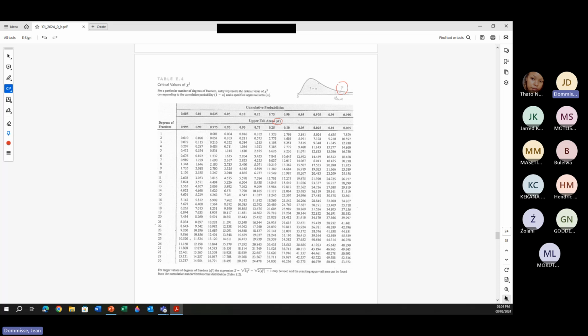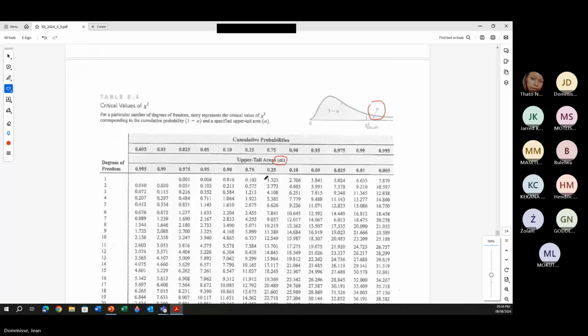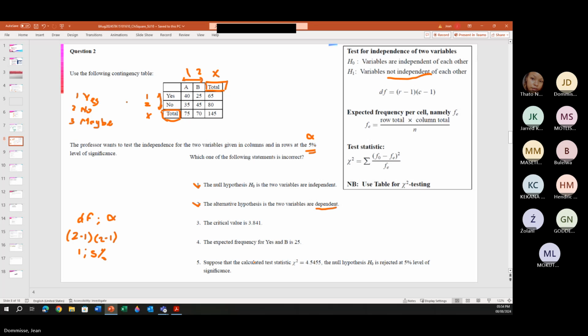Okay, so critical value, let's make this a bit bigger. Critical value of degrees of freedom of 1 and alpha of 5%. So 3.841.